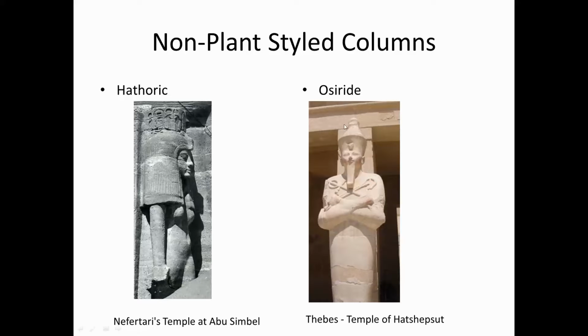Osirid columns refer to the Egyptian god Osiris, right, god of the underworld. So you'll see his figure holding up the column, right, holding up the structure above him. He actually becomes the column. And here we have the goddess Hathor, who is also very important at certain times of Egyptian history. So the people themselves actually take the place of the column.